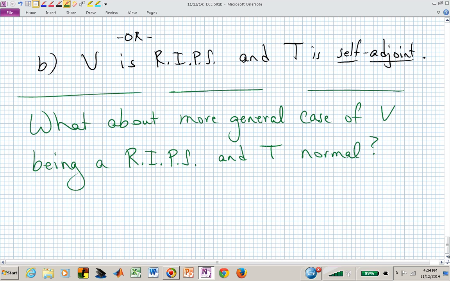So now, is there anything that can be said about this operator or its matrix representation if we're on a real inner product space and T is normal but not self-adjoint? Can we say anything?